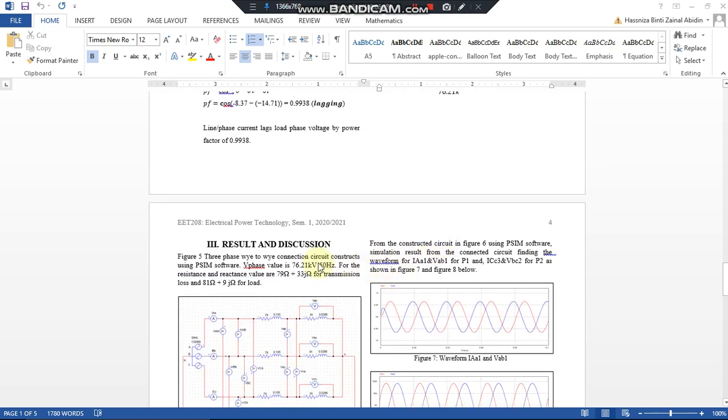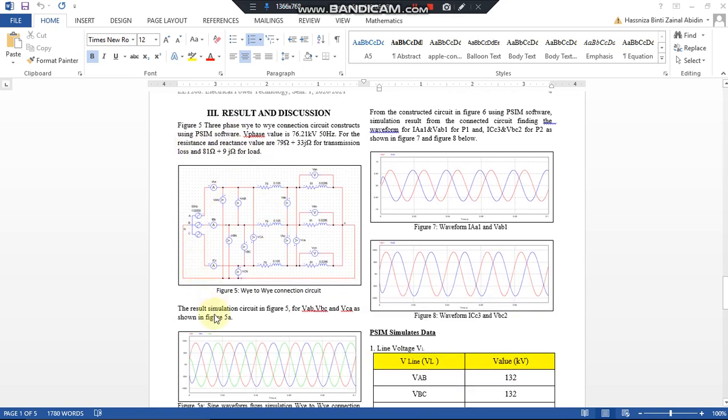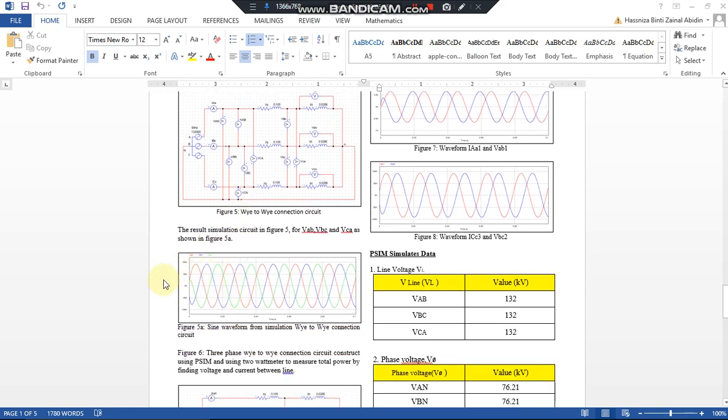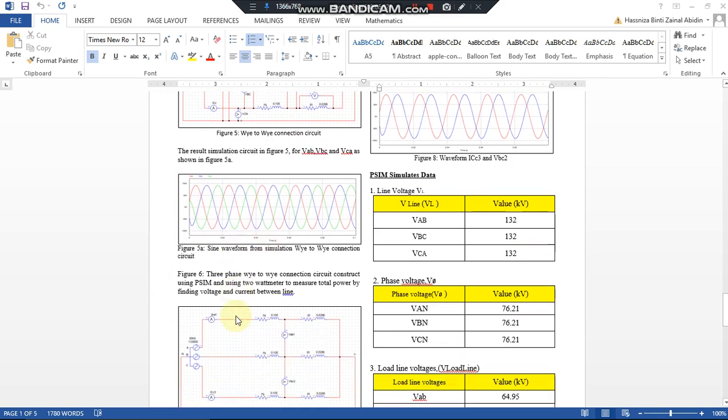For the result and discussion, figure 5 is the three-phase Y-Y connection circuit constructed using PSIM software. The simulation result of the circuit in figure 5 for VAB, VBC and VCA is shown in figure 5A here. Here is the sine waveform of the simulated Y-Y connection circuit.